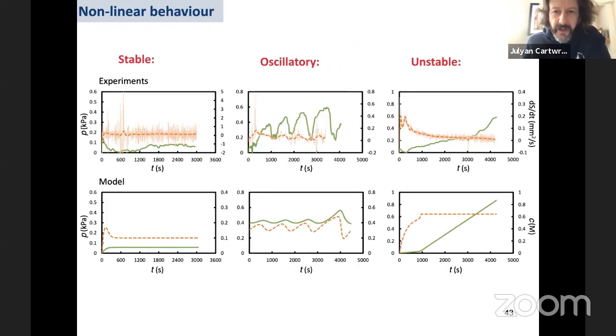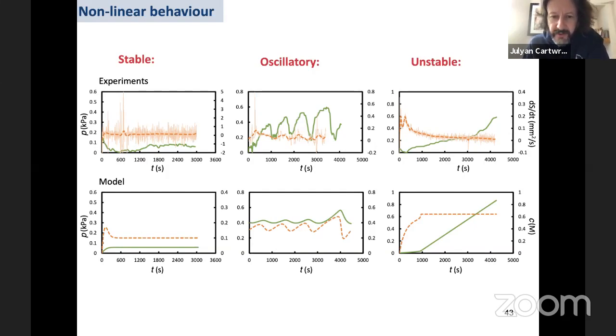So one can compare the laboratory experiments with the model, and there's reasonable agreement for a simple model system. So one can obtain agreement as to which regime the system is in, whether it's the stable regime, the oscillatory or the unstable regime.